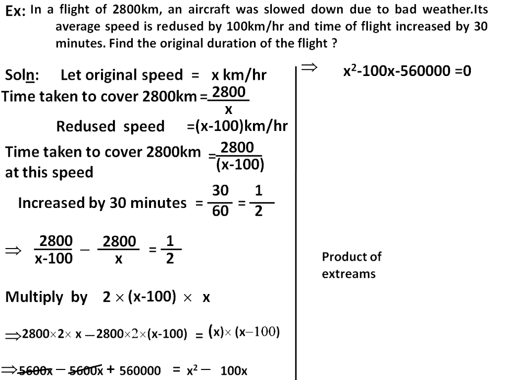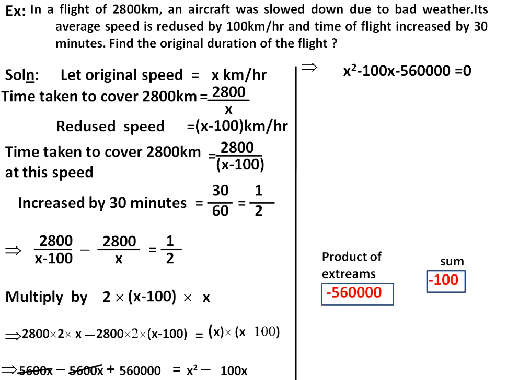So product of extremes: x square coefficient is 1, last constant term is minus 5,60,000, so minus 5,60,000 is the product of extremes. Sum means the coefficient of x, which is minus 100. So if I multiply, I got 5,000 minus 5,60,000.